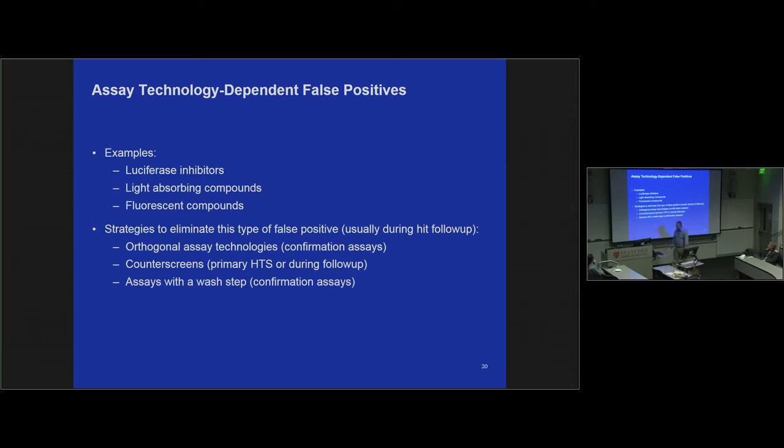All right, false positives. Now again, Dan's going to talk about chemistry-based false positives, and there are even a lot more ways you can get those. But things that typically show up are, for instance, if you use a luciferase reporter, luciferase inhibitors.